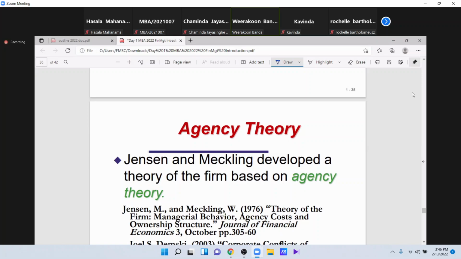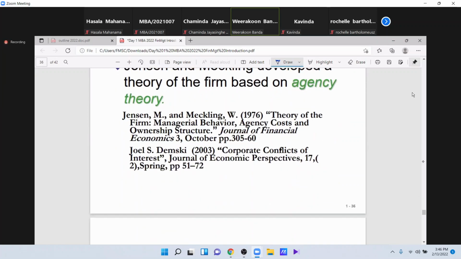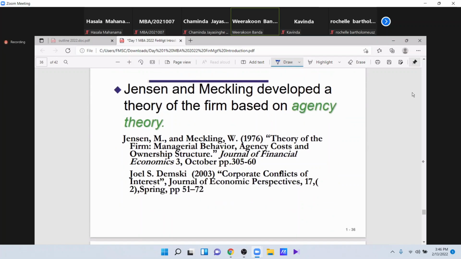So if you want to refer to this particular journal, these are the references. In addition, there are some other similar explanations and research work: Jeol and Demsetz, 2003. That paper was Corporate Conflict of Interest, Journal of Economic Perspectives, number 17, spring.